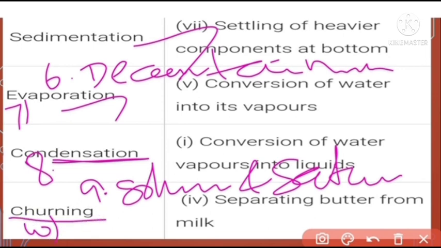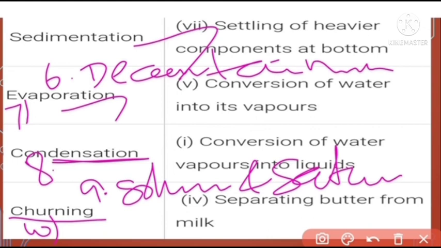So these are all different kinds of domestic and industrial separating methods. We use all these methods in our daily life, industrial life and medicinal life, etc. We use all these methods for this reason only: one method is not convenient for separating components of a mixture with different characteristics from each other.